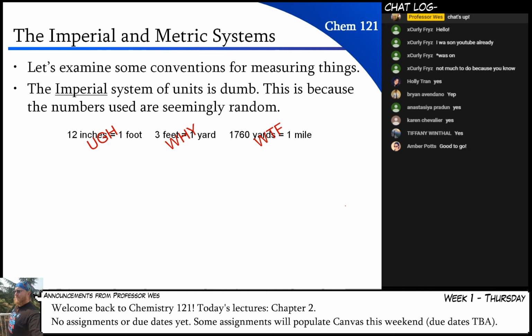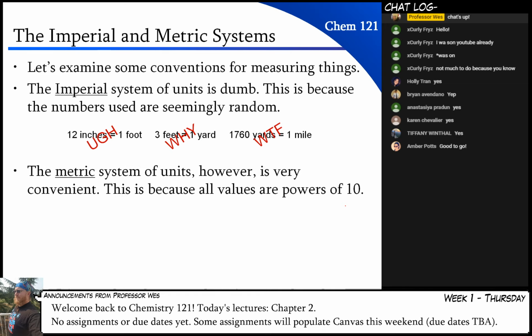What we want to use instead in science is what's known as the metric system. The metric system is a very convenient unit system because all of the numbers that are involved are powers of 10. And so what we do is associate the prefixes here with these numbers. So milli and 10 to the minus 3 are the same thing.